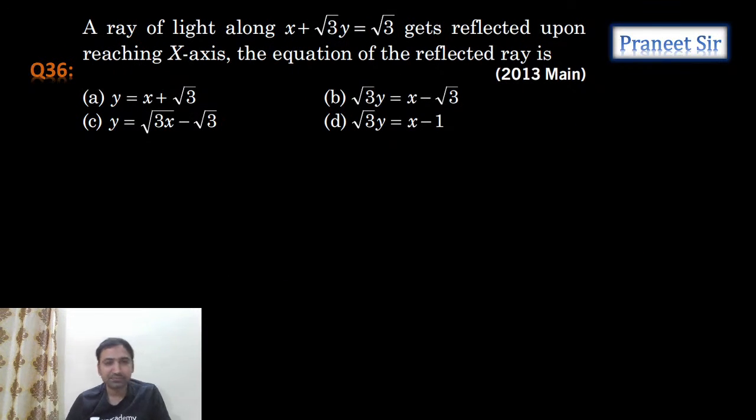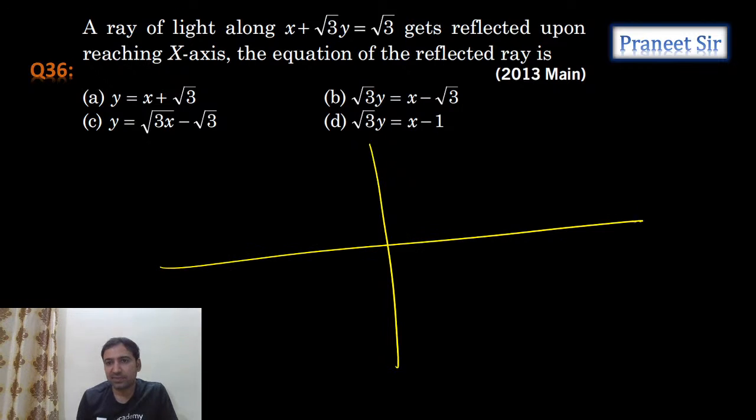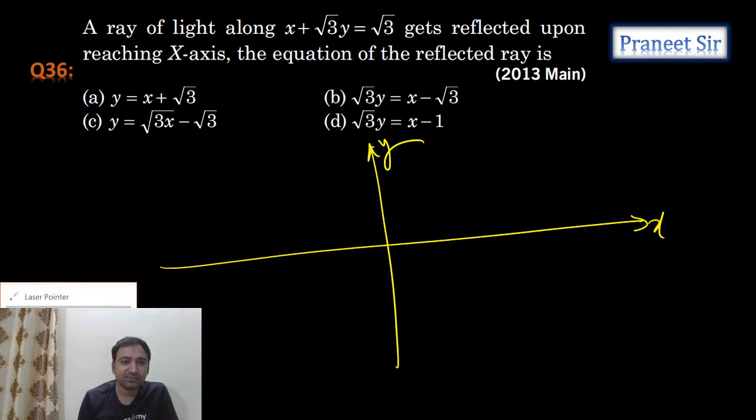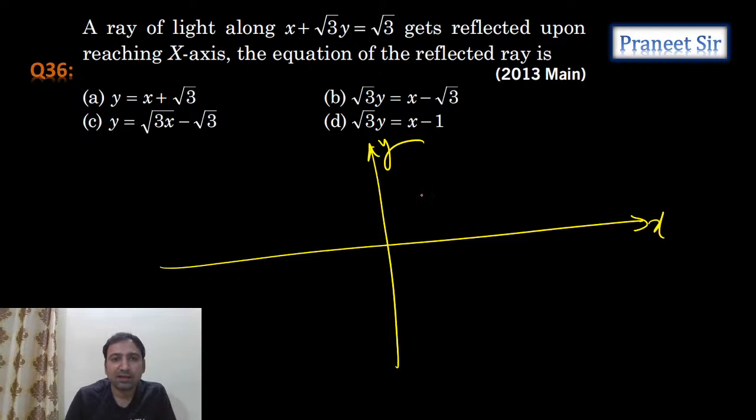2013 question. A ray of light along x + root 3 y = root 3 gets reflected upon reaching the x-axis. The equation of the reflected ray. Let's take the x-axis and y-axis. The ray of light along x + root 3 y = root 3 is the incident ray, guys.